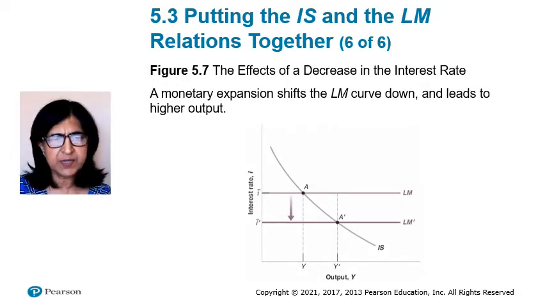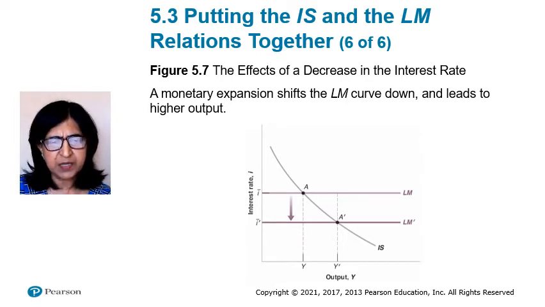Figure 5.7 shows the effects of a decrease in the interest rate as a result of an expansionary monetary policy. Step 1. The reduction in the interest rate leads to a downward shift in the LM curve. In general, a curve shifts in response to a change in exogenous variables that appear directly in the equation for that curve.